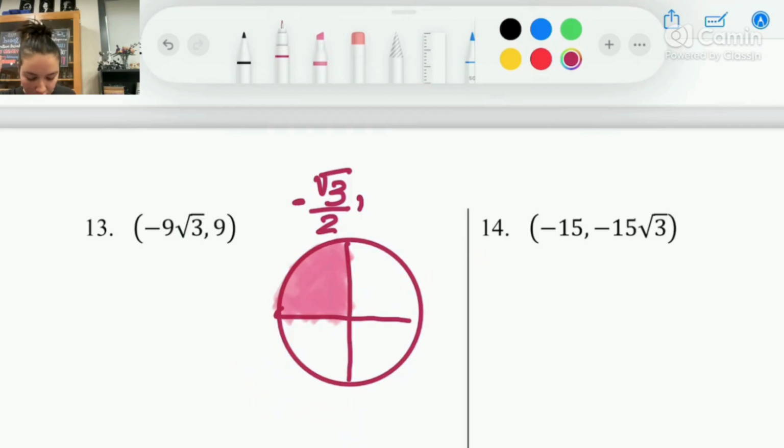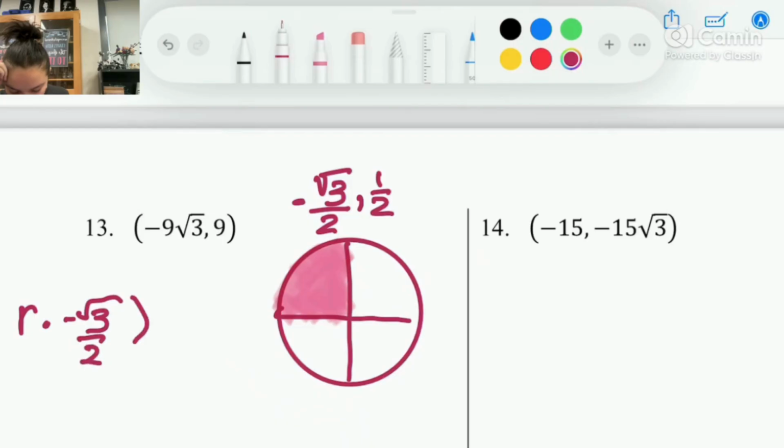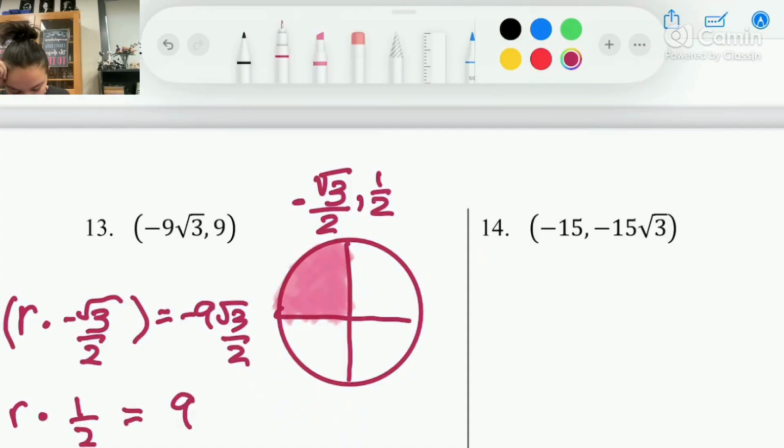The only other possible coordinate for the y value would be 1/2, because it's a positive y value. So r times negative square root of 3 over 2 is equal to negative 9 square root of 3 over 2, and r times 1/2 is equal to 9. So you would do some math: r is equal to 2 times 9, r is equal to 18.